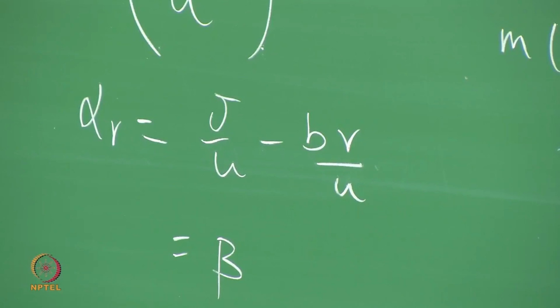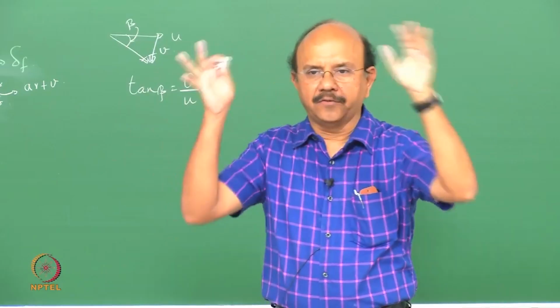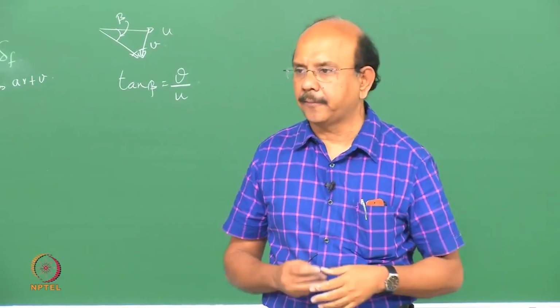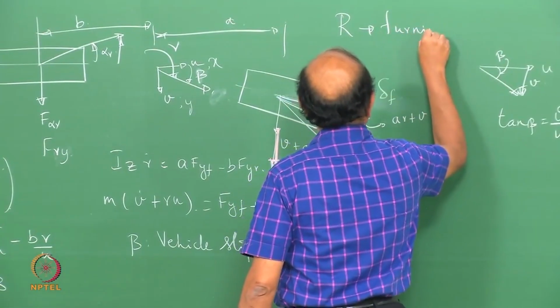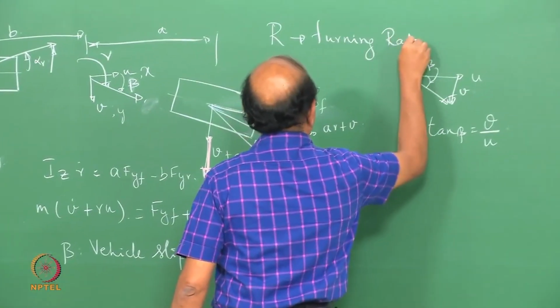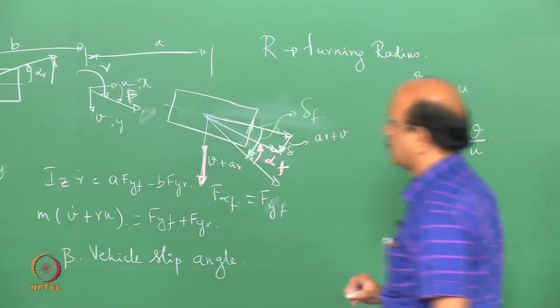Let's assume that this vehicle is taking a turn and the turning radius is equal to R, capital R. So R is the turning radius.